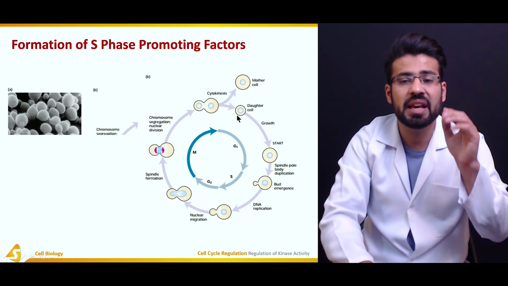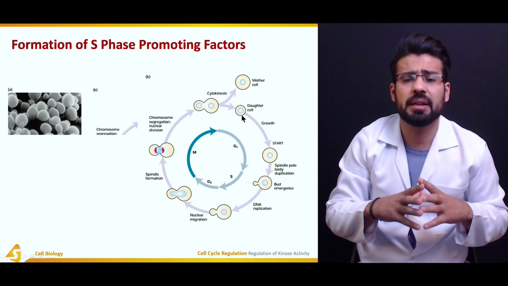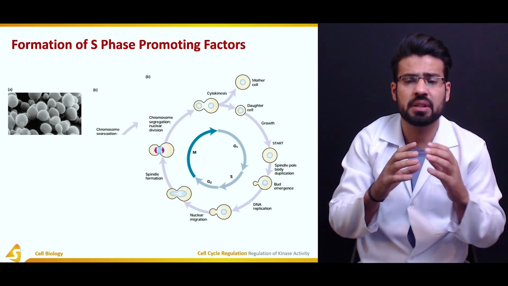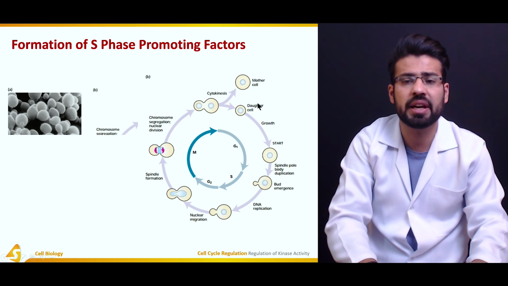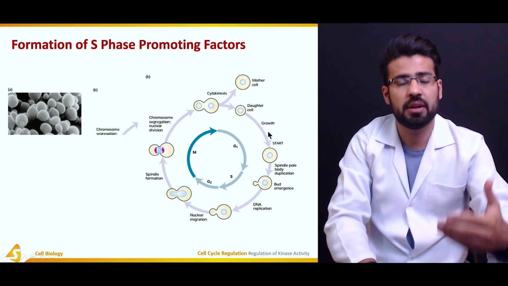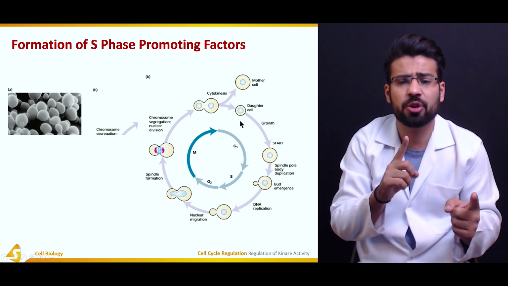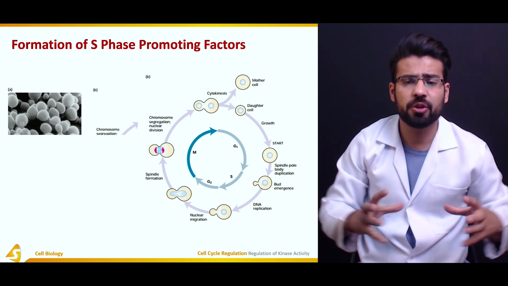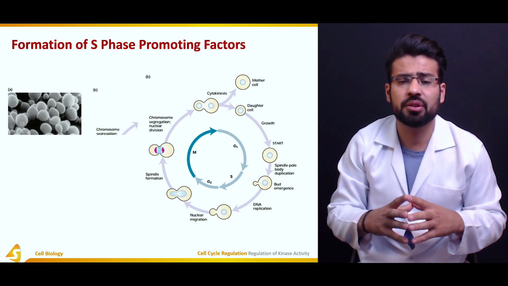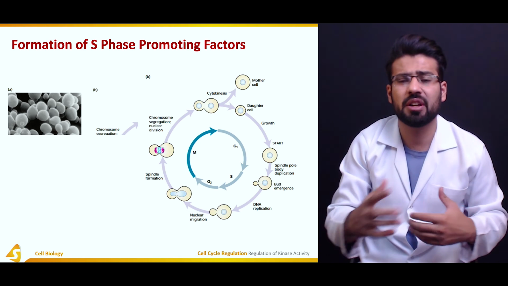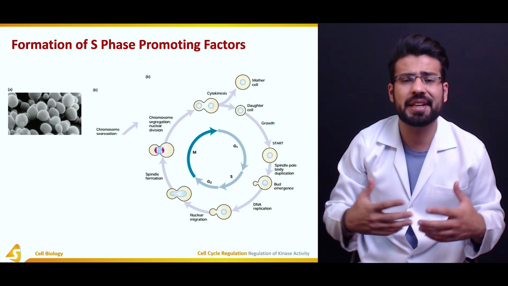So what happens immediately after the mitosis, the daughter cell, of course, is comparatively smaller in size, so it is going to grow in this particular case. And this would be the case of G1, where there would be the replication of the cytosolic proteins. We are talking about the organelles that are being replicated in G1 phase.